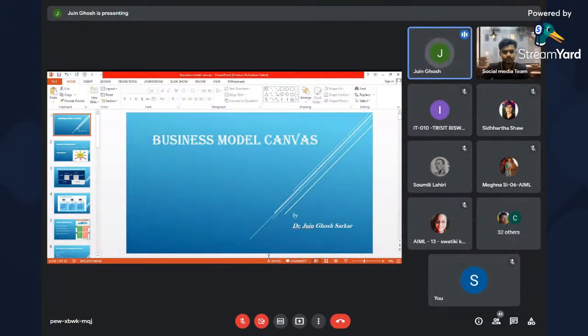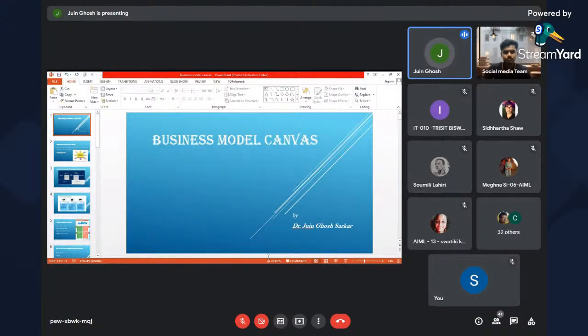So when we say business model canvas, what is it? The common question arises about the canvas. A canvas is actually a visual representation. And a business model canvas is a visual representation of a business model where we highlight all the key strategic factors.